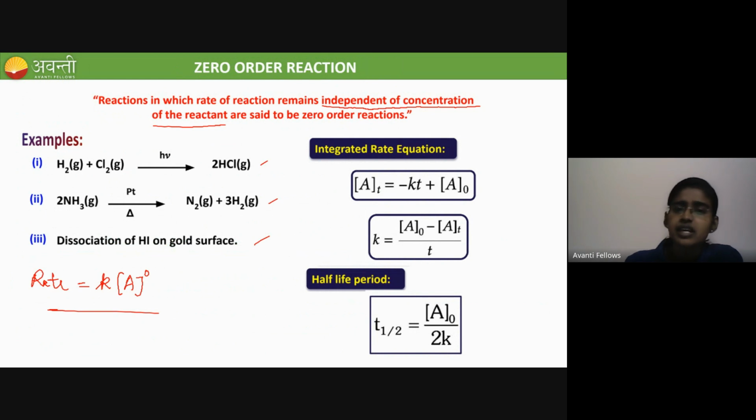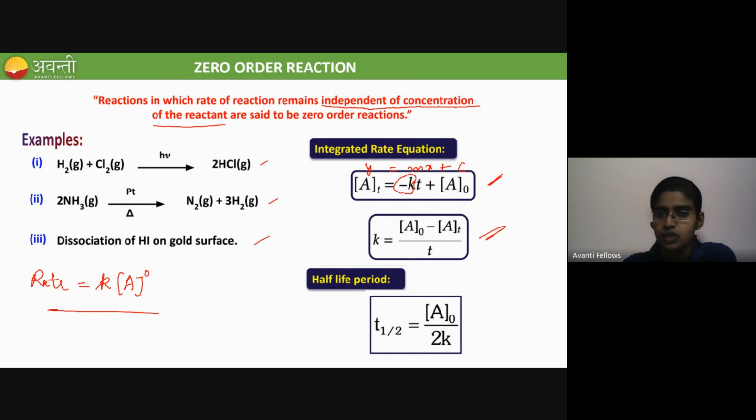Coming to the integrated rate equation part of zero order, these two relations you have to study. This is the integrated rate equation, which is of the form y is equal to mx plus c. The slope is minus k for zero order, and k is nothing but the rate constant, right? If I want to derive the relationship between rate constant and time for zero order, then use this relation.